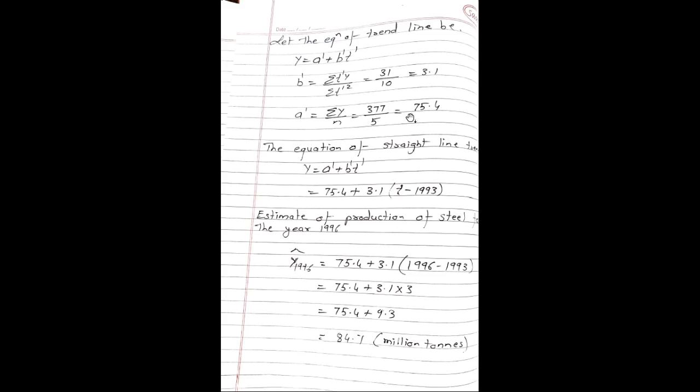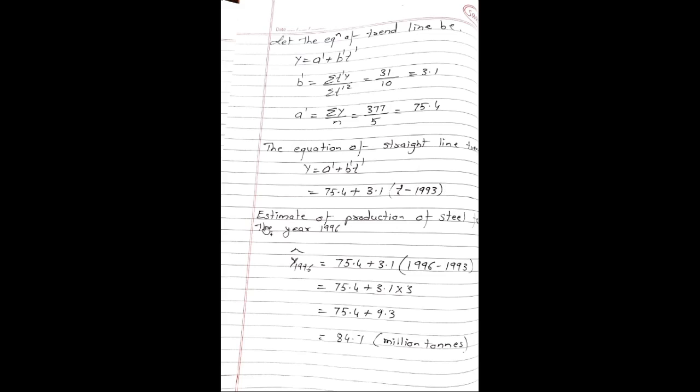The answer becomes 75.4. So the equation of straight line trend y is equal to a dash plus b dash t dash. It can be written as 75.4 plus 3.1 into t minus 1993.